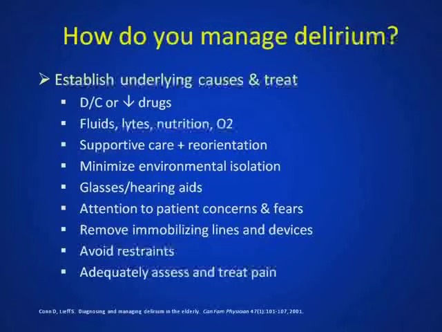Whenever possible, removing immobilizing lines and devices and avoiding restraints can be helpful in managing delirium. And of course, adequately assessing and treating pain is of great importance. None of us would want to receive a psychoactive medication when what we really need is appropriate pain medication.